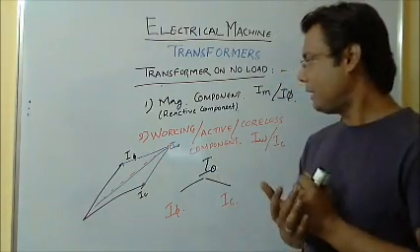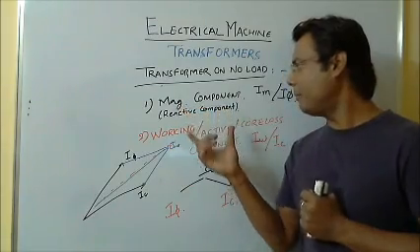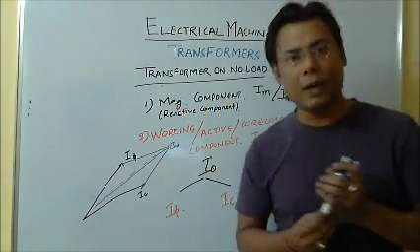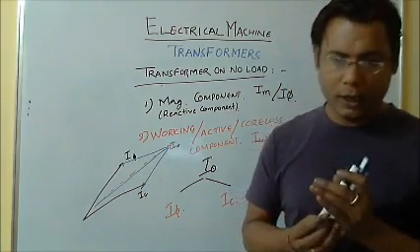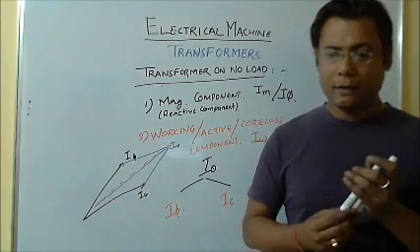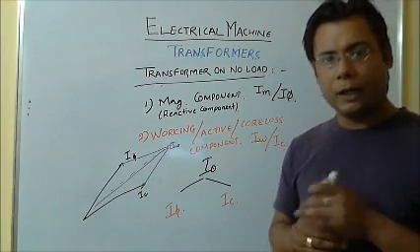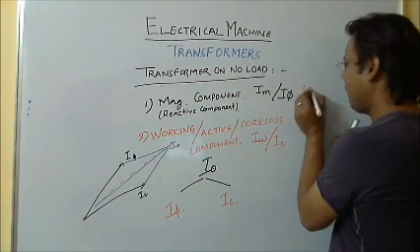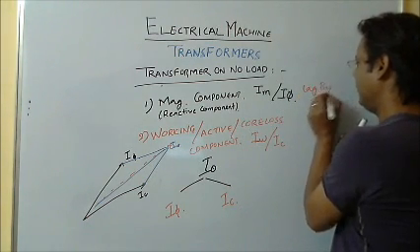It has two parts. Magnetizing component is used for production of the flux in the core and always lags behind the applied voltage by 90 degree. So this is lagging by 90 degree.